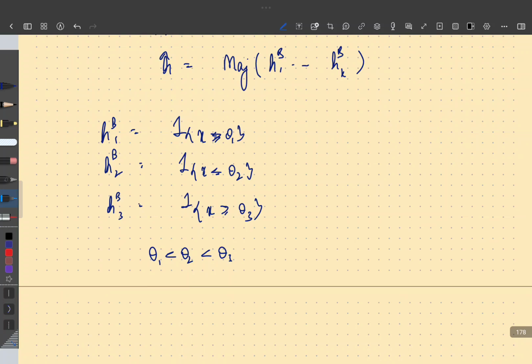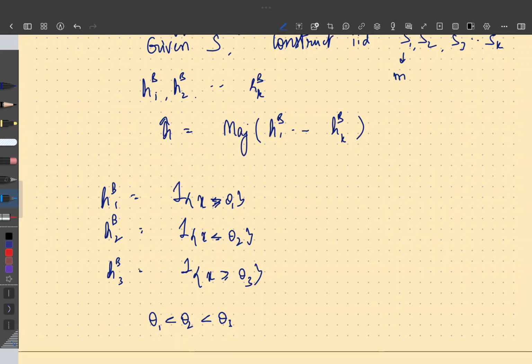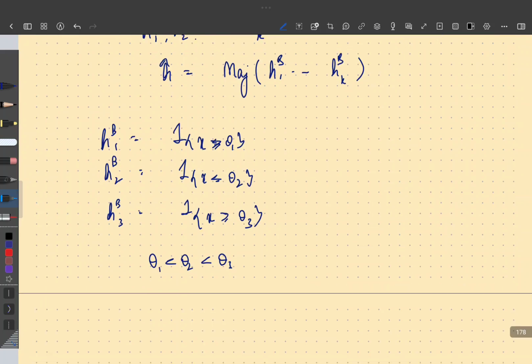This is my class of classifiers. I just want to understand what this looks like.